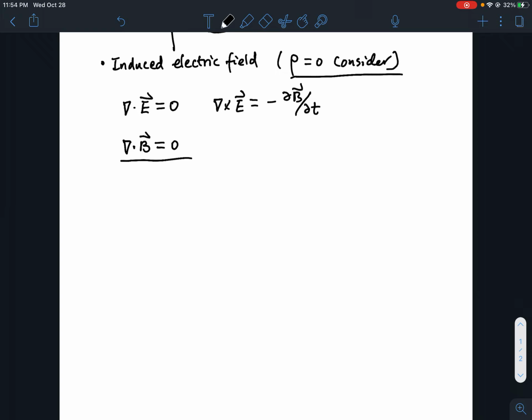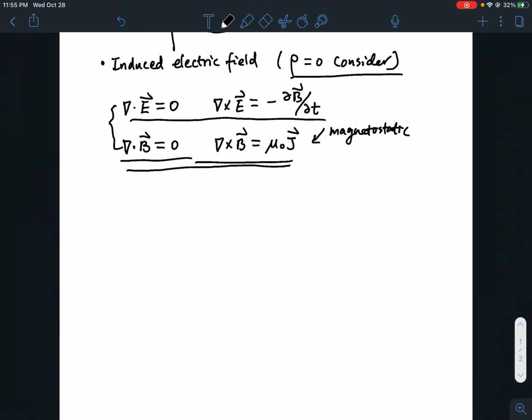The ones that we learned from magnetostatics, where we have del dot B equals 0 and del cross B equals mu 0 J. If you look at these four equations, you will find that they are very similar to each other.